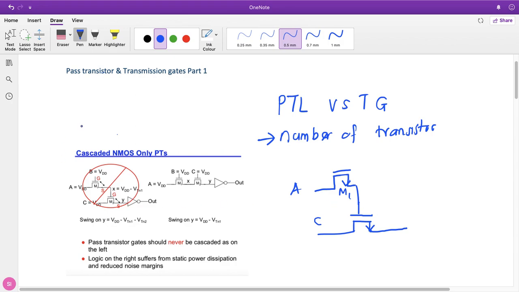However, today we will look at the issue regarding cascading. Here is the layout. The P is defined as 2.5 volt or VDD. B is the control line or the control input to the gate.